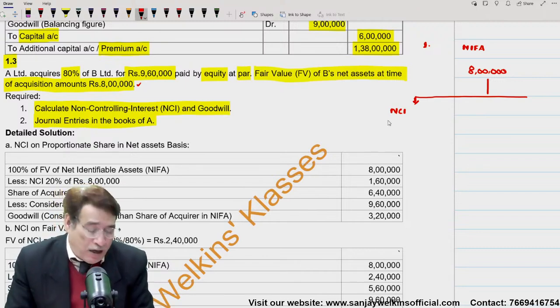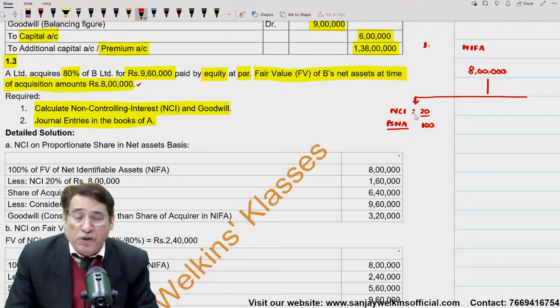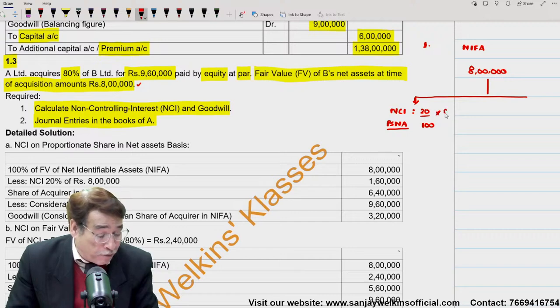Let us say I adopt the PSNA approach. Under the proportionate share of net assets method, we simply take the percentage of NCI, which must be 20%, because 80% shares are in our hand. And we will take 20% of 8 lakh.